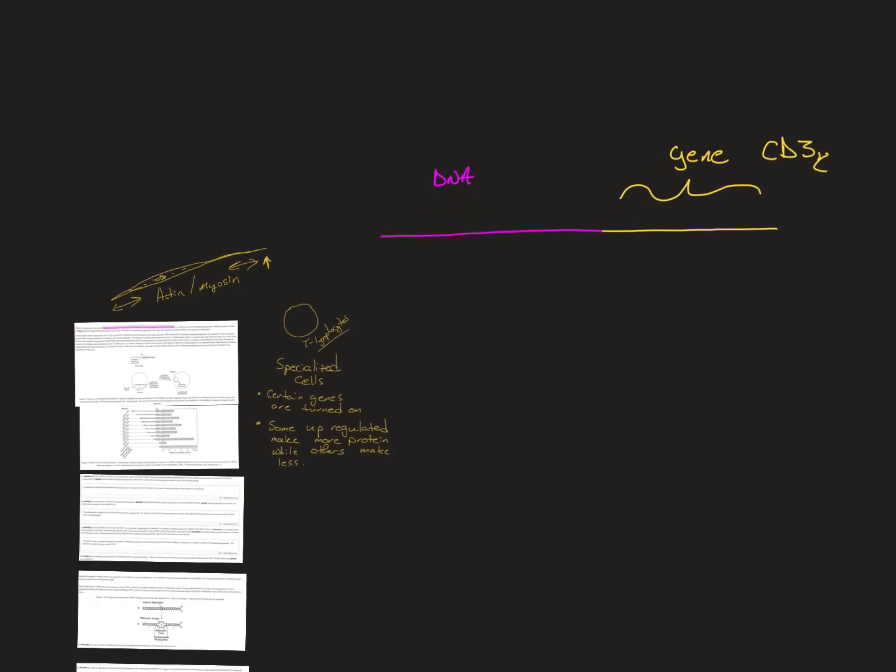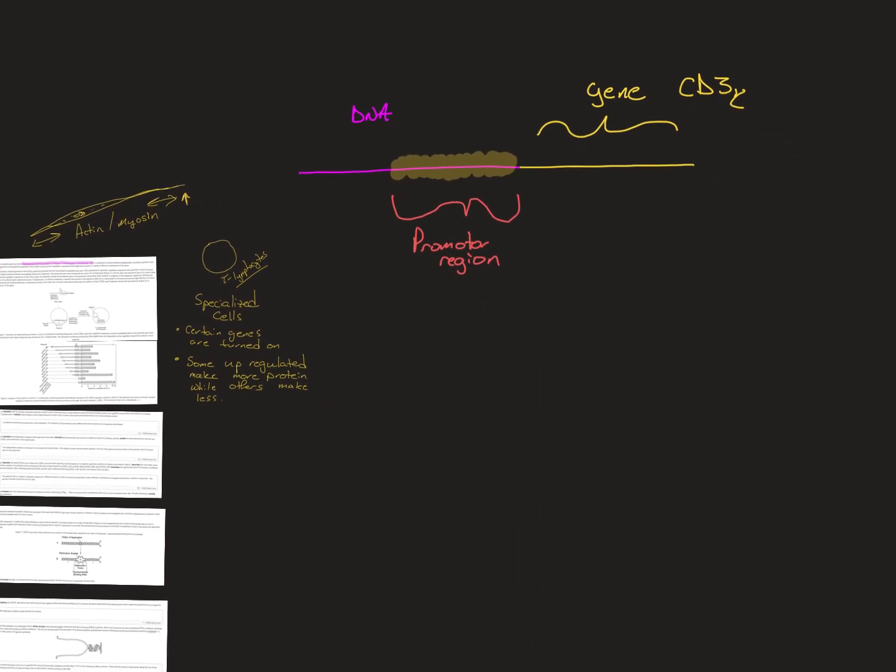And there's a region, some part of the early part of the DNA before you get to the gene, that is regulating it. So this is the promoter region. The promoter region allows for the gene to be expressed. It says, yo, this is where we need this gene expressed.